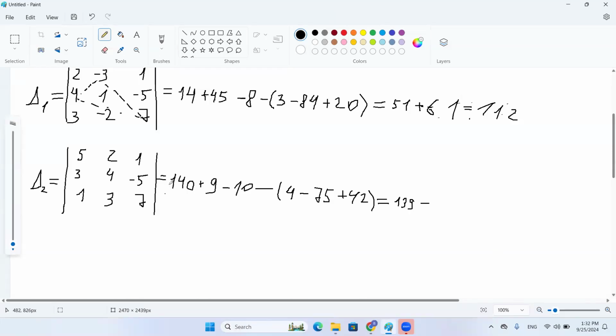So let's first this part and this part. So here we have 139 and here, so minus, but not minus, it will be a plus 30, 29.